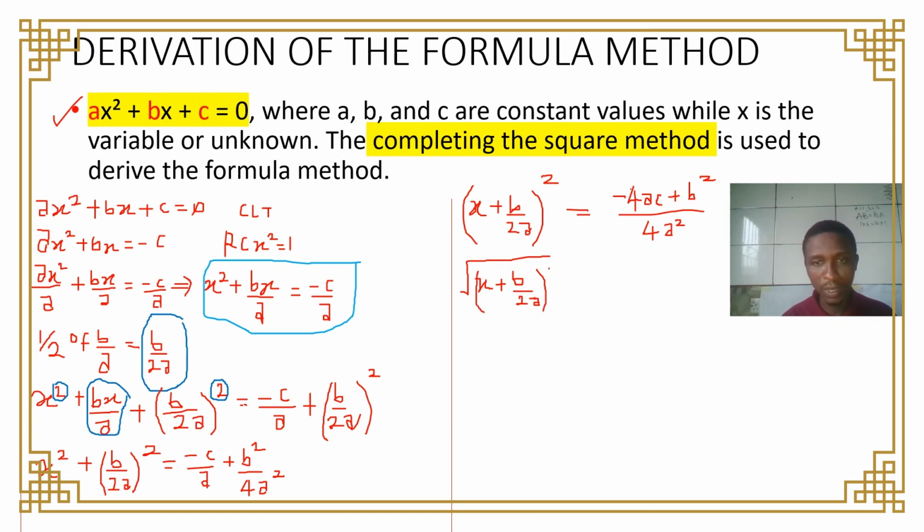The square root will make that square to be eliminated now, equals to, and the square root of a number will give us two outcomes, which is plus or minus of that number. That will be plus or minus square root of. Also, minus 4ac plus b squared can be written as b squared minus 4ac, over 4a squared.